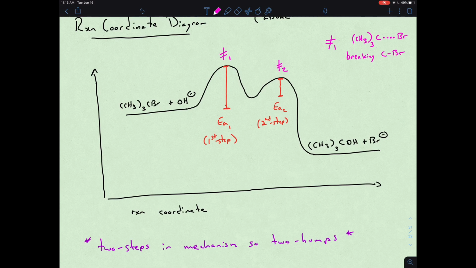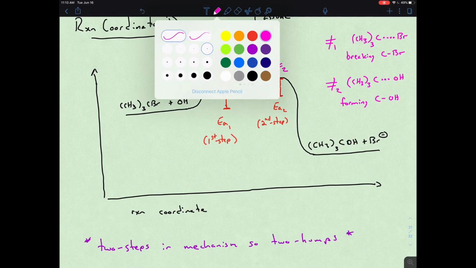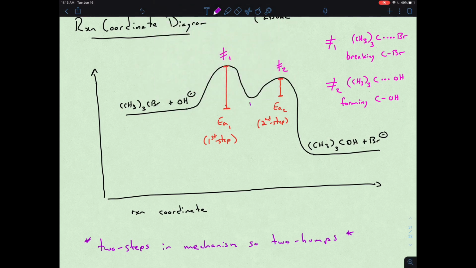And then we can consider the second transition state when it's actually forming now the carbon-oxygen bond with the hydroxide. So those are the 2 transition states, and then we find something new, which is in the middle.